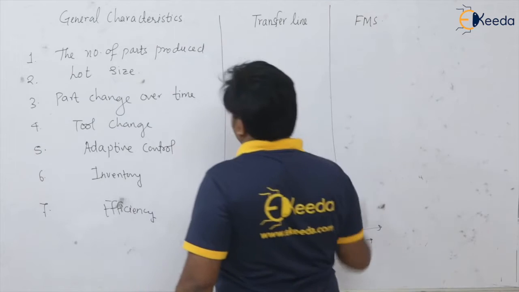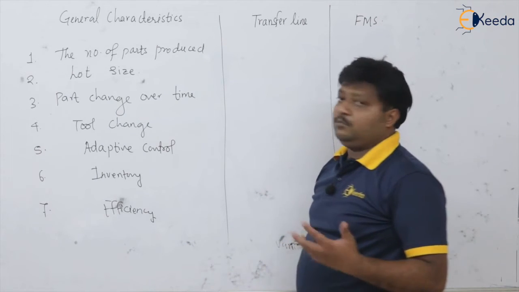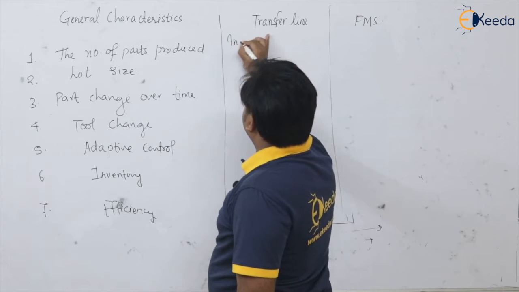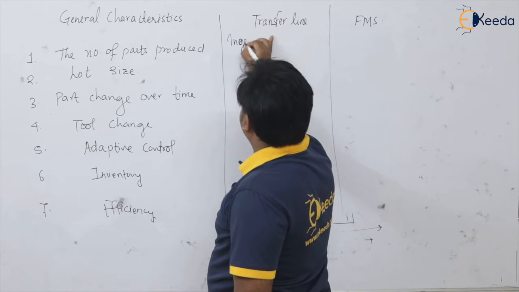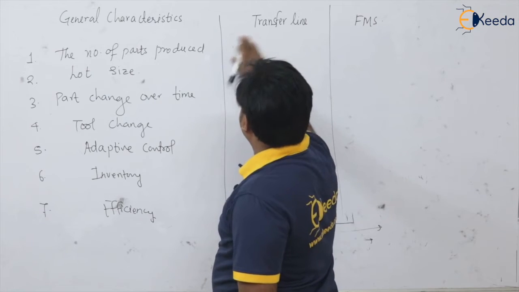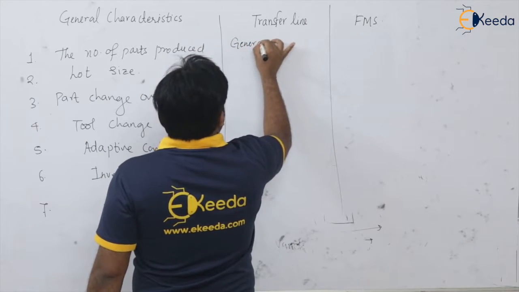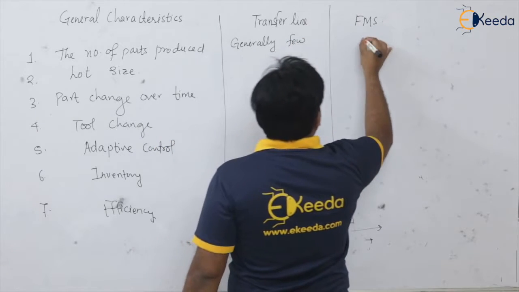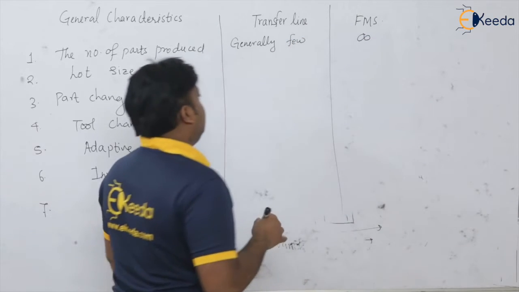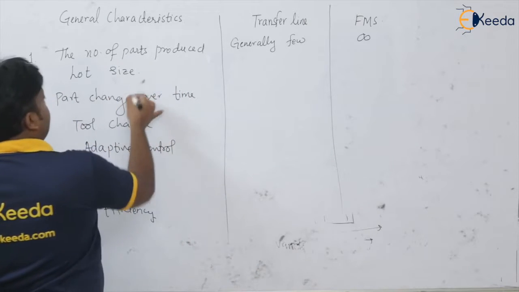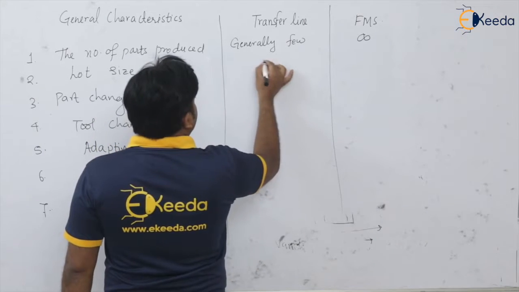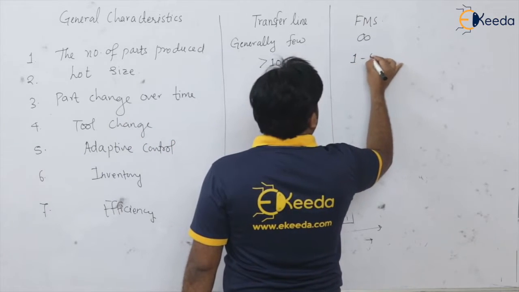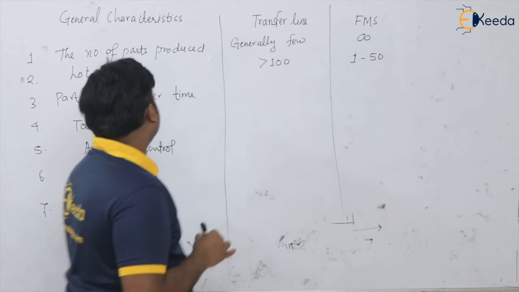So see here, if we talk about the number of parts produced, in transfer line in general I can write generally few. In FMS, we can produce many number of parts. The lot size in transfer line is greater than 100, but in FMS lot size is from 1 to 50.